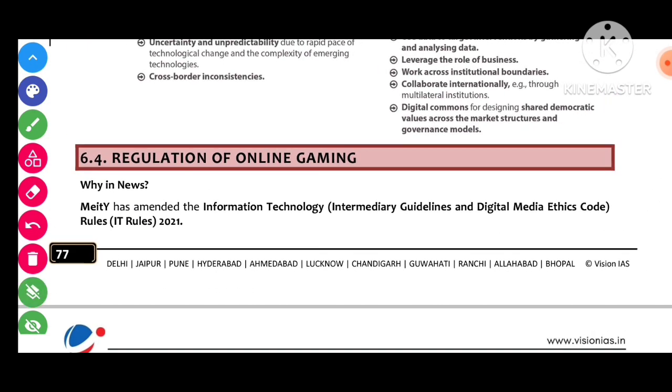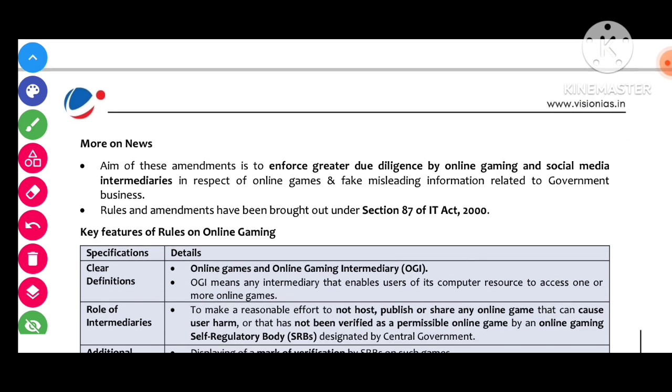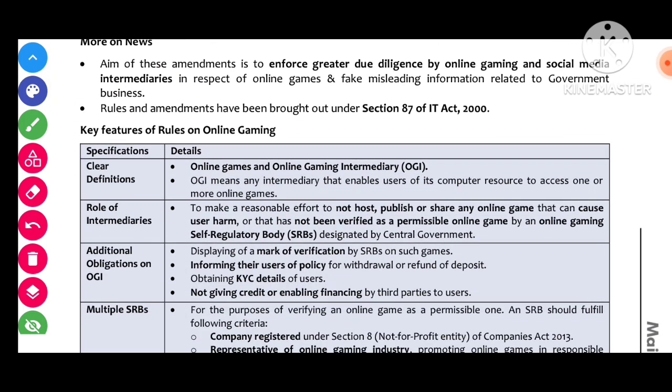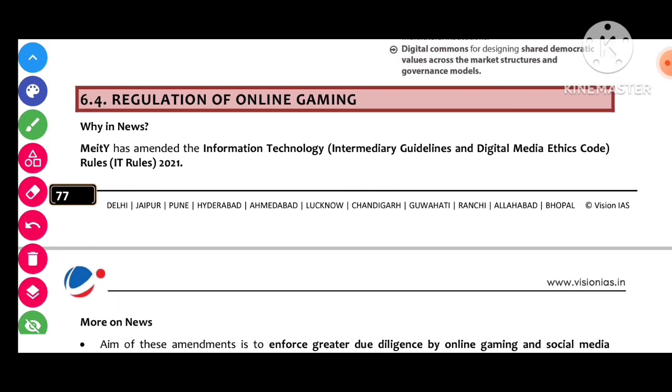Okay, regulation of online gaming. Here you can define online gaming, because why was it in the news? The Ministry of Electronics and Information Technology has amended the Information Technology Intermediary Guidelines and Digital Media Ethics Code Rules 2021, and you can define this online gaming.